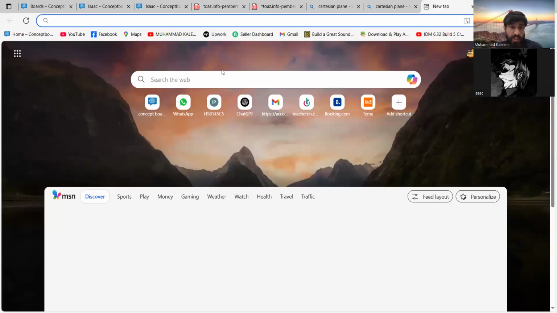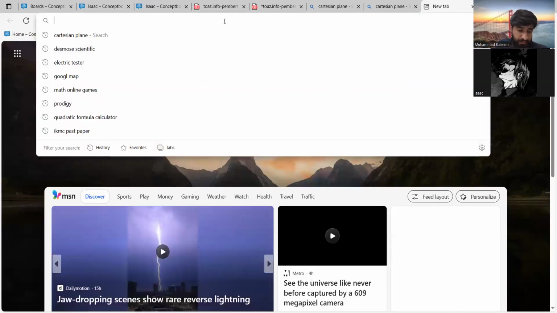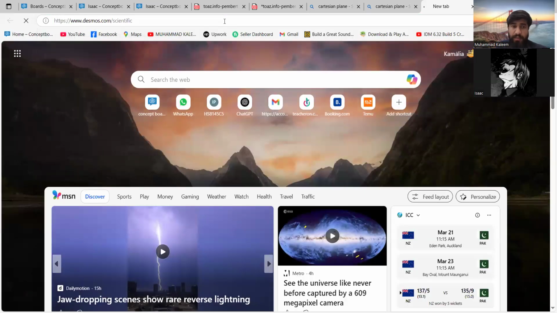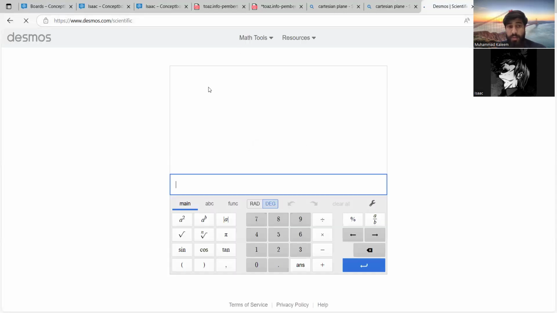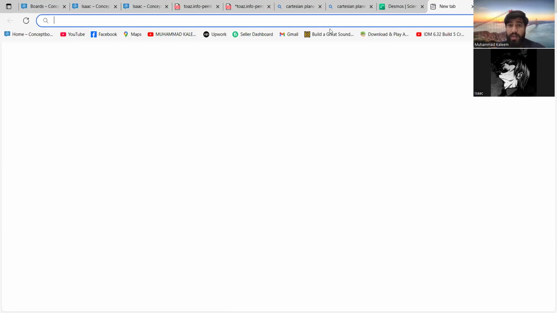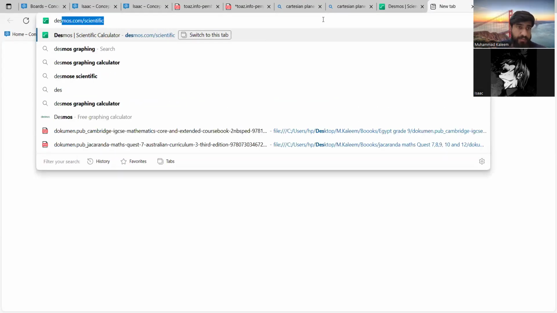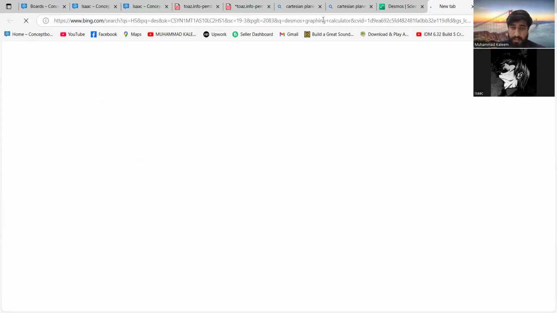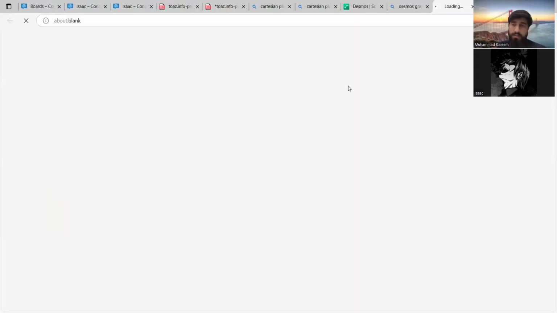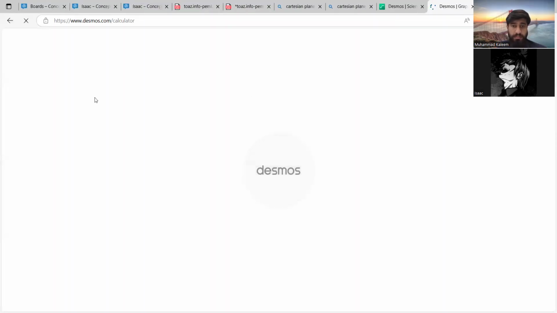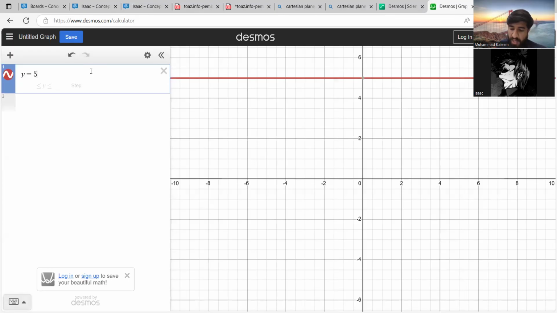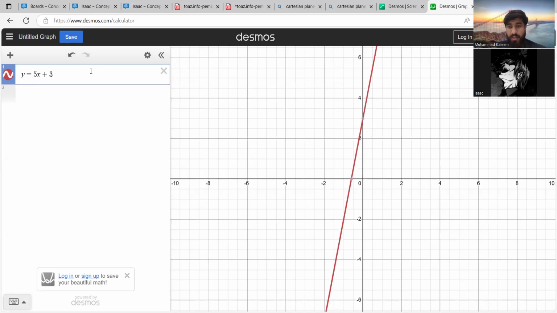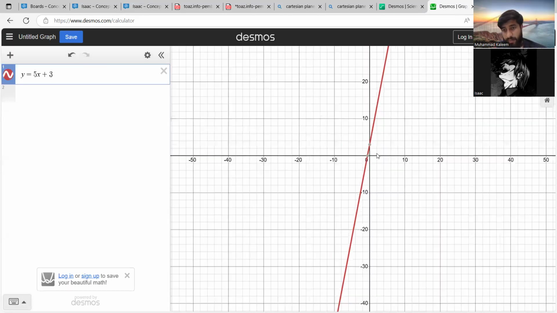Go back to the Zoom. I'm going to show you something. If I sketch different equations like this, it will take so much time. I'm going to show you the graph on a calculator, the Desmos graphing calculator. We sketch y is equal to 5x plus 3. This is our graph.